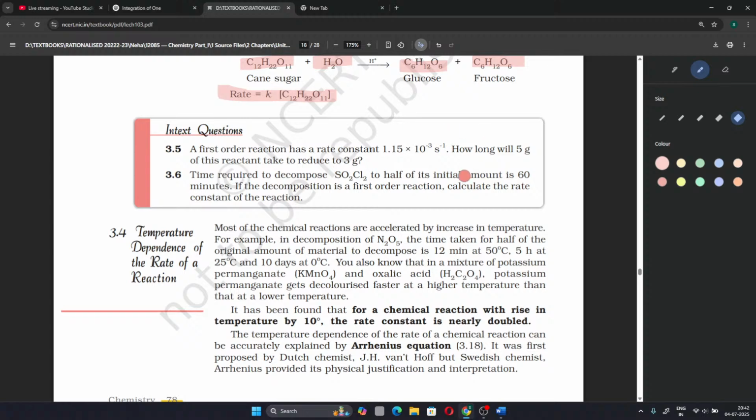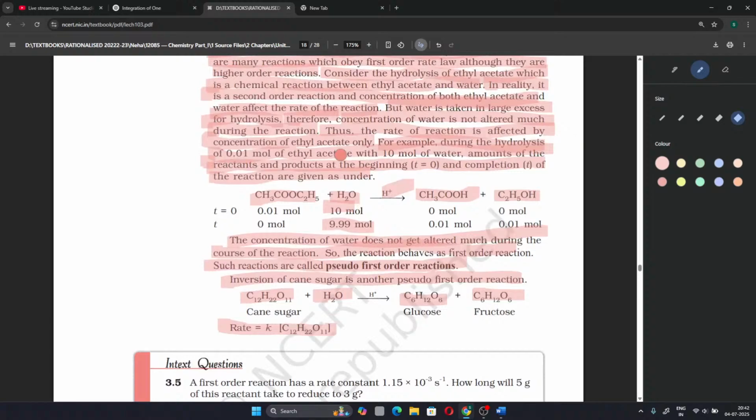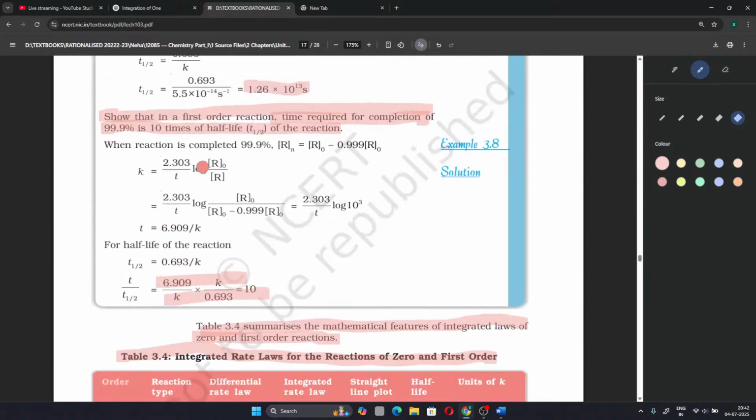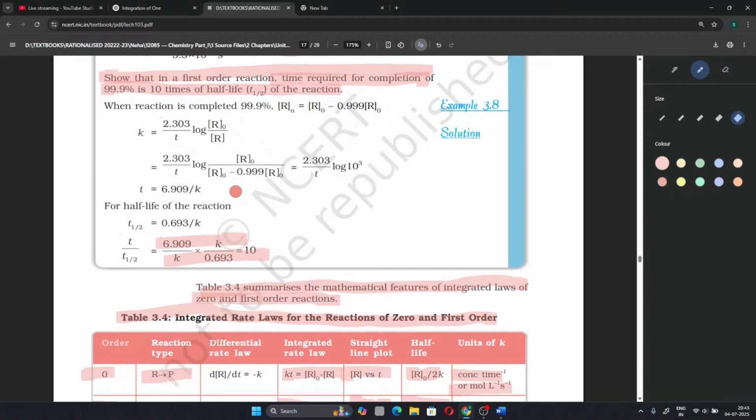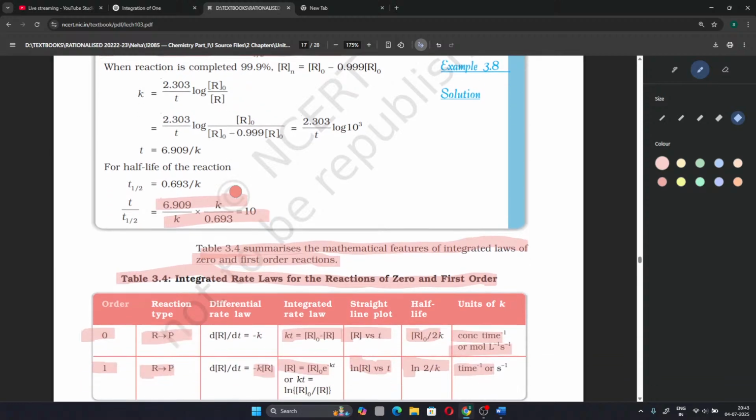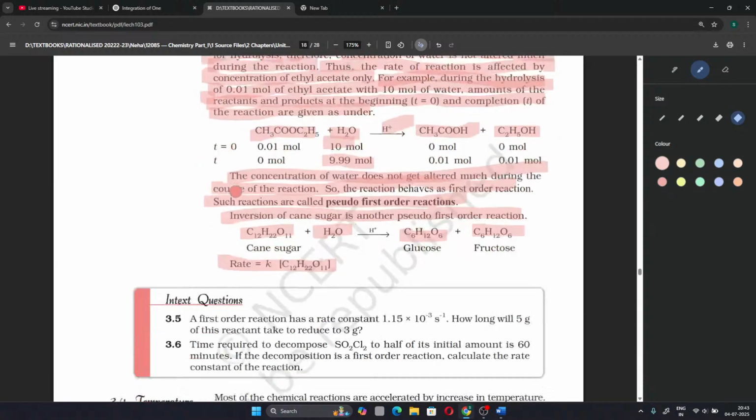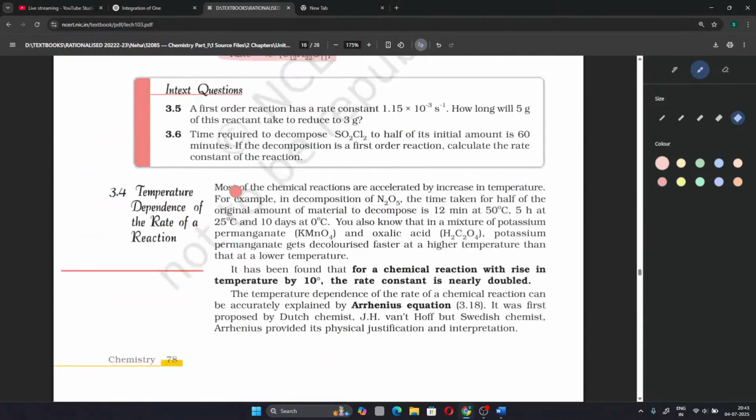When we convert it into concentrations, we take the equation where k equals this, log of R naught by R. Wait, no, I think that is not the case here.